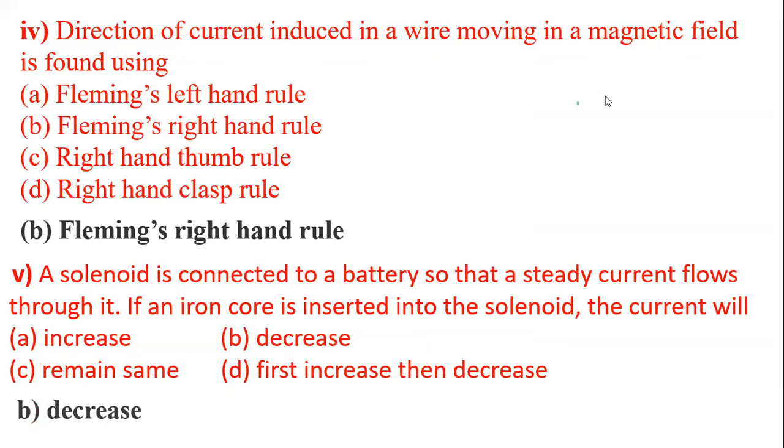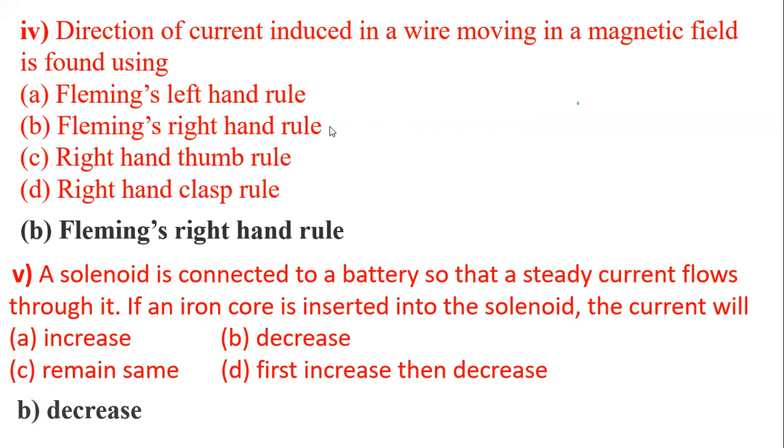Direction of current induced in a wire moving in a magnetic field is found using. Electromagnetic induction depends on what? Which rule is going to explain that? Of course, we know it is the right hand rule, Fleming's right hand rule.